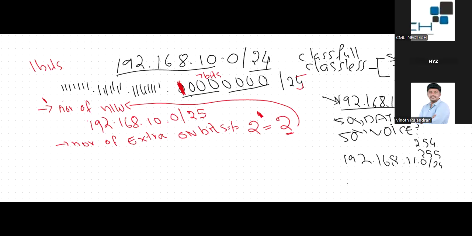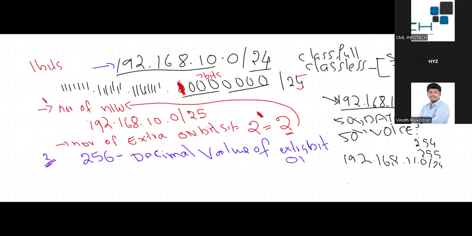Now we need to know what those 2 networks are. Earlier, this was a single network. Now we have 2 networks. To identify the two different networks, the easiest way is 256 minus the decimal value of the extra bit on.